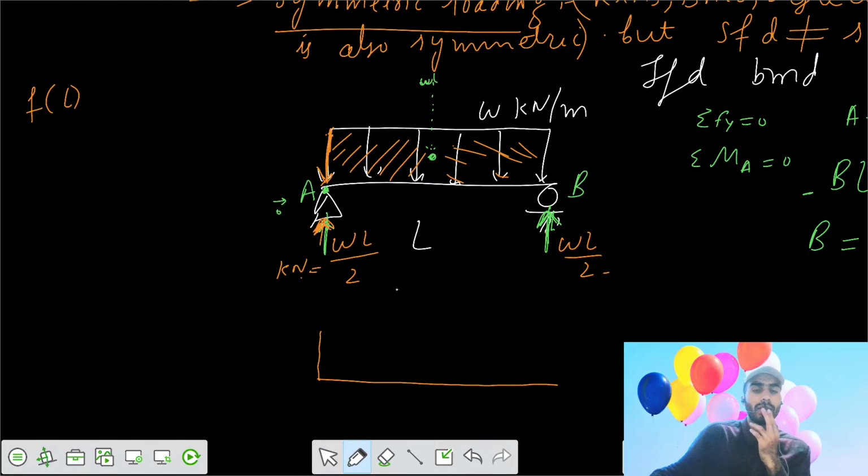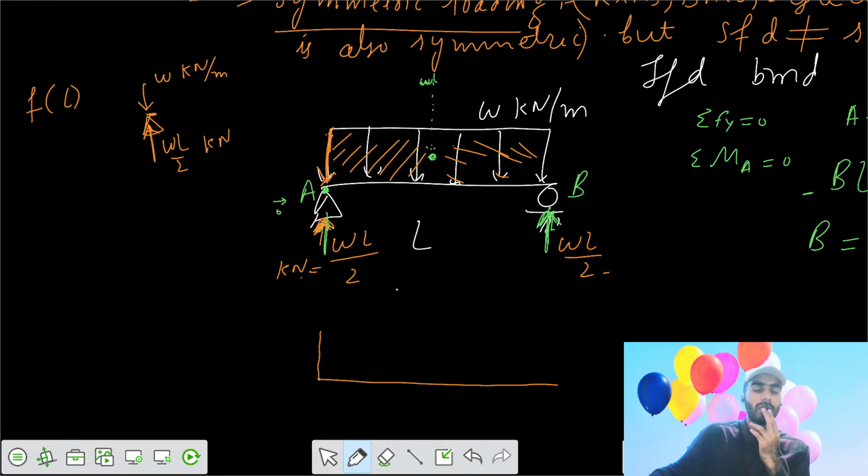Say the reaction here is WL by 2 kilonewton, but the loading intensity is W kilonewton per meter, and the length is 0. What can we say now?